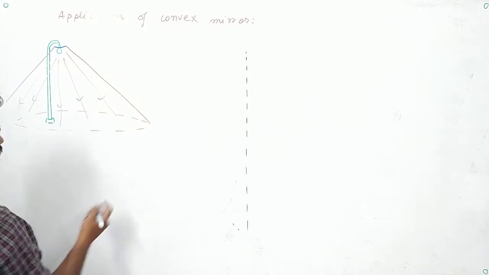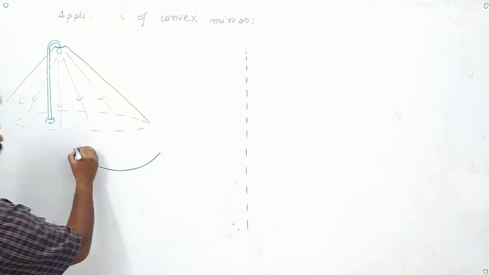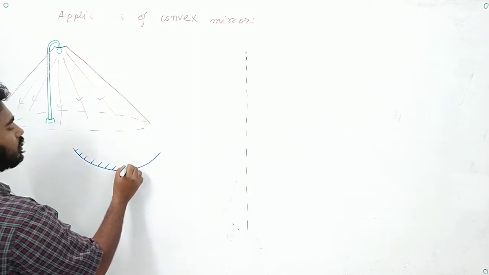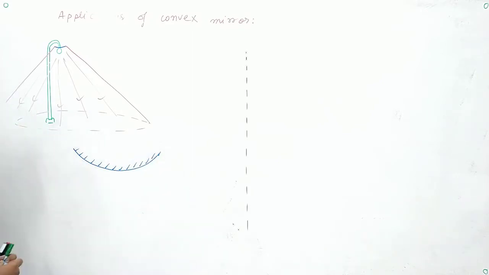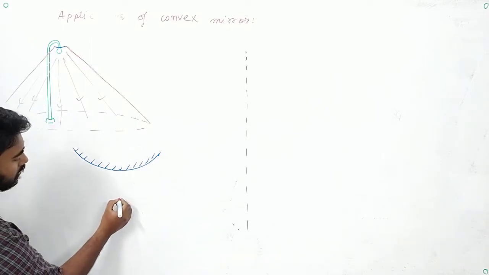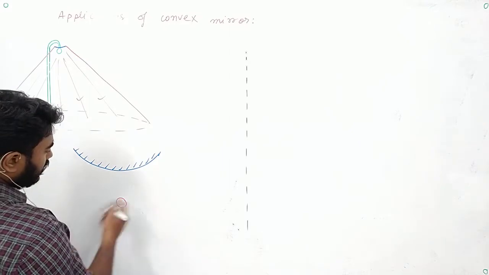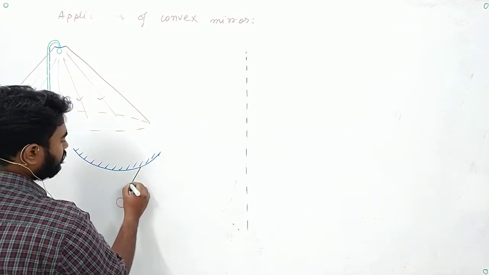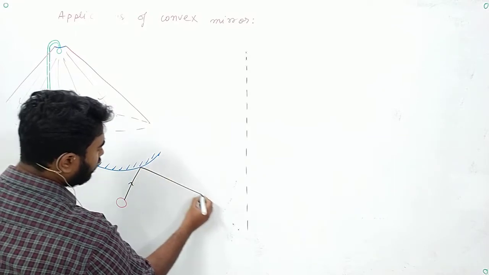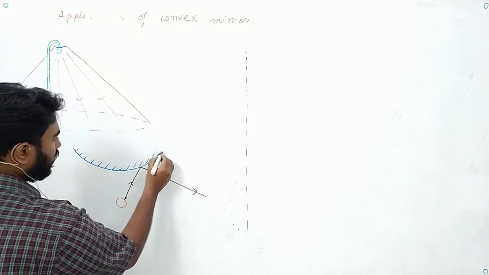Suppose this one is your convex reflecting surface. Now if you place the bulb anywhere in front of the surface, what will happen? Rays will come out from the bulb and it will get reflected.